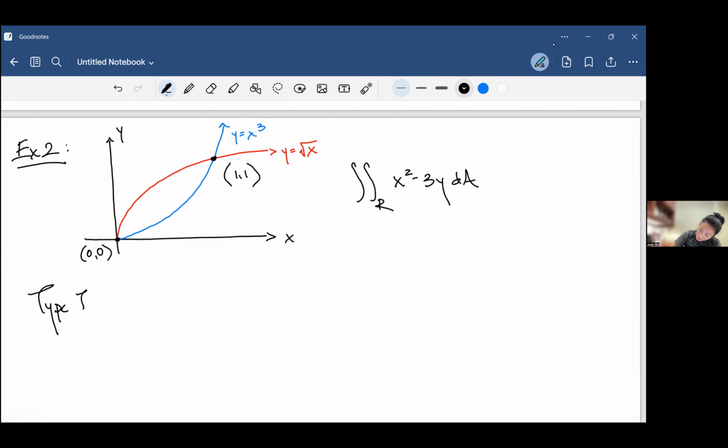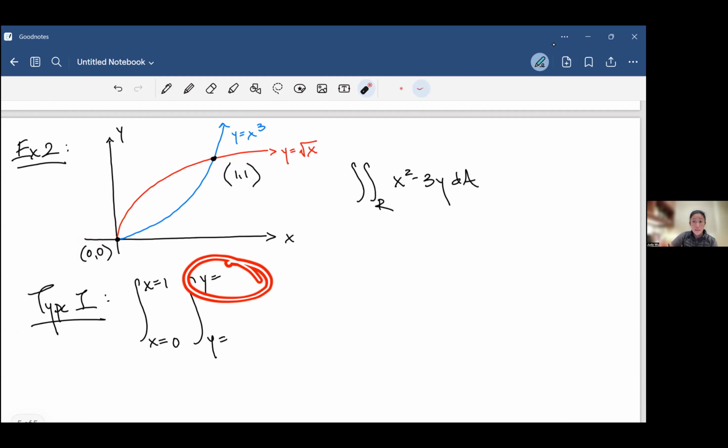For our type 1 integral, we want x equals numbers on our outside. And I can see that I start at x equals 0 and I go all the way to x equals 1. So x equals 0, x equals 1. Now I have to think, oh, what's my top function that's going to go up here? And what's my bottom function that's going to go down here?